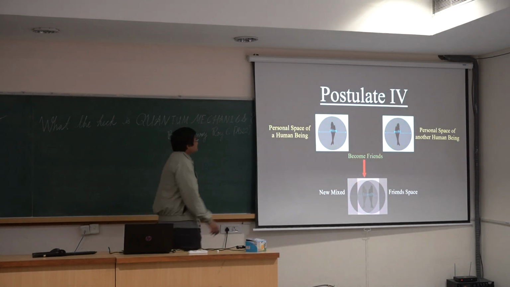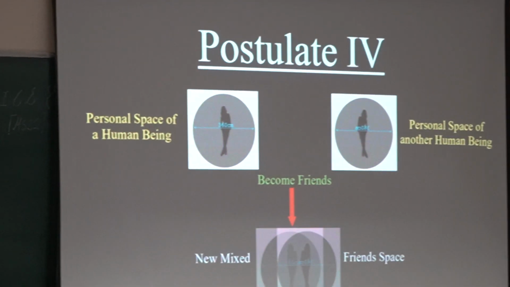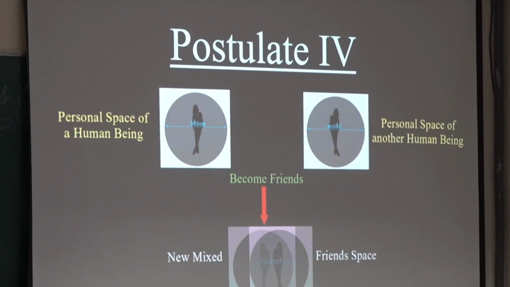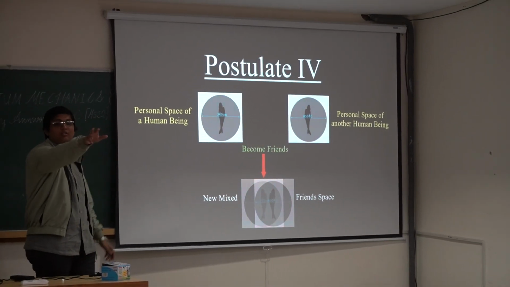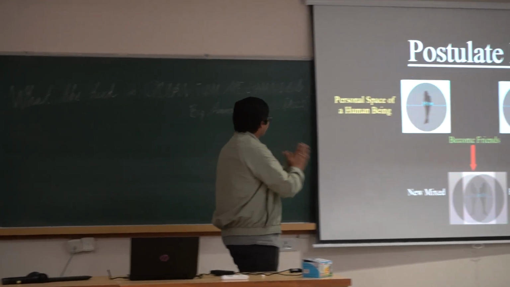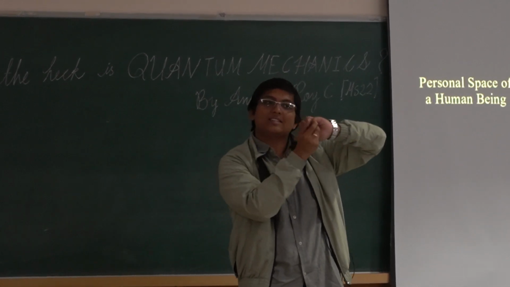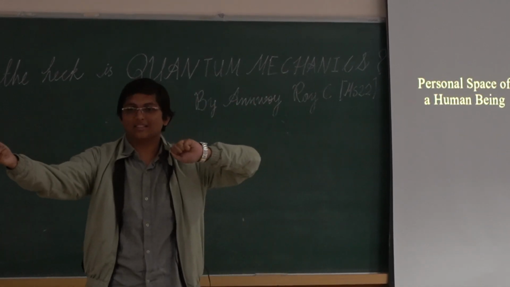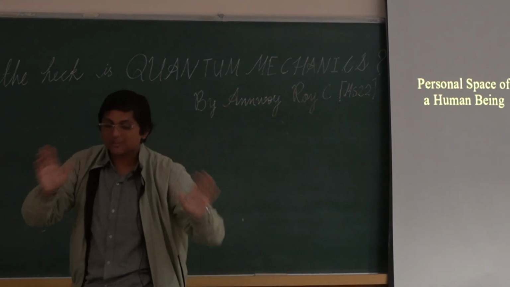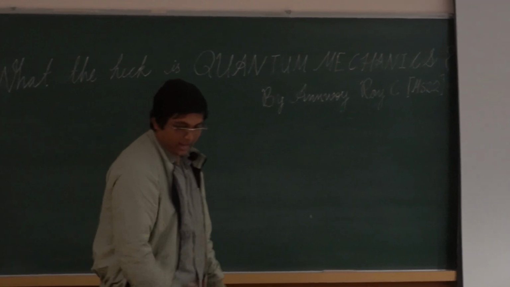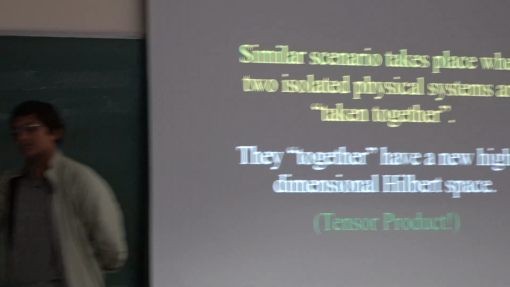Postulate 4. It's a postulate that I find the easiest, if you understand postulate 1. You have the personal space of one human being, and the personal space of another human being. Now they become very good friends, close friends, right? And then their personal spaces are sort of merged, and they create a new friend space. That's a new space, right? And a similar scenario takes place when two isolated physical systems are taken together.